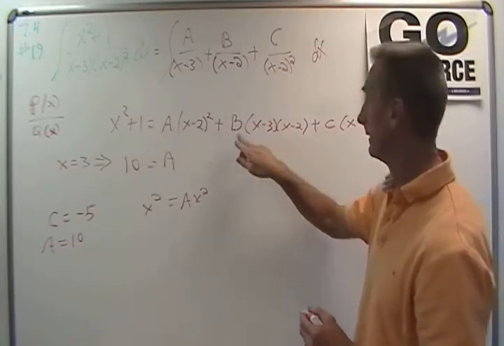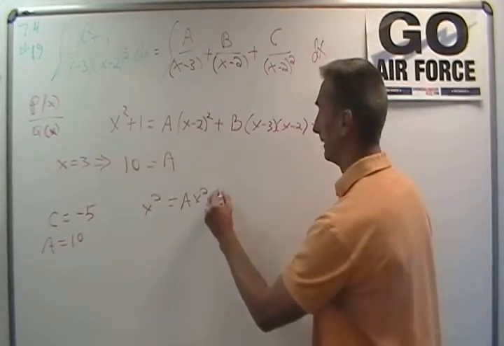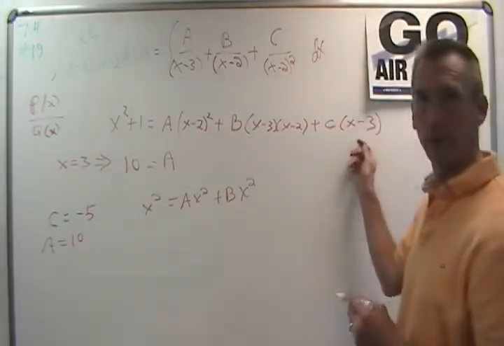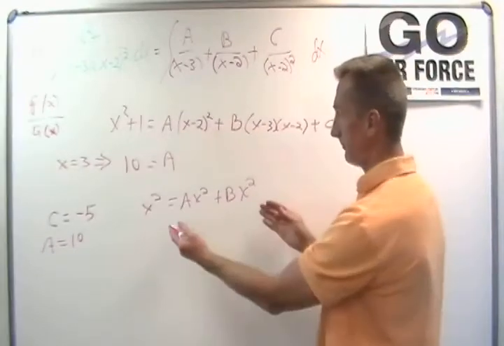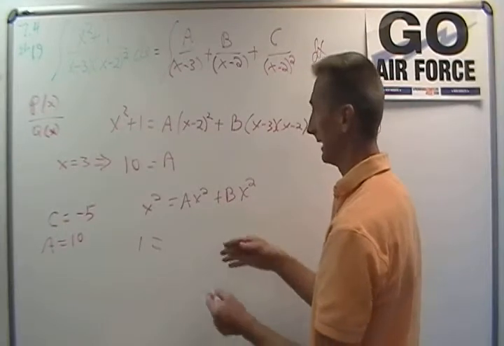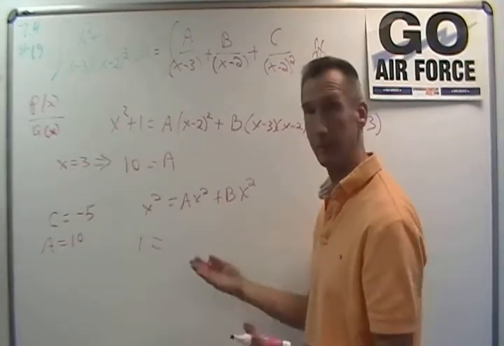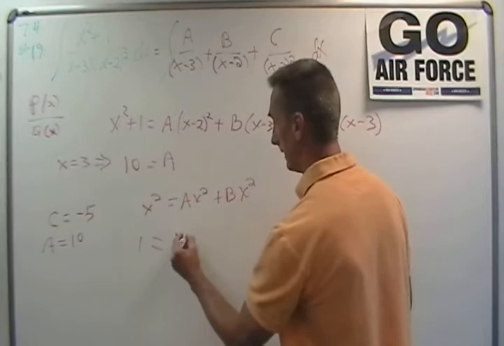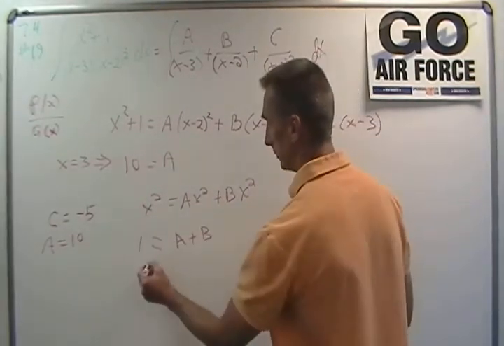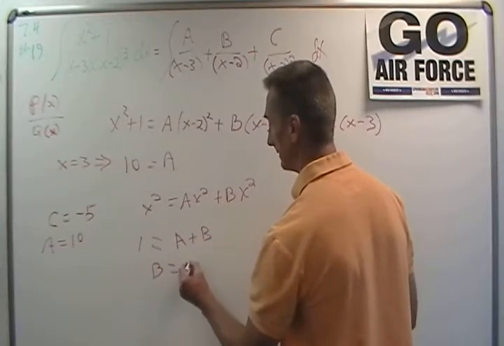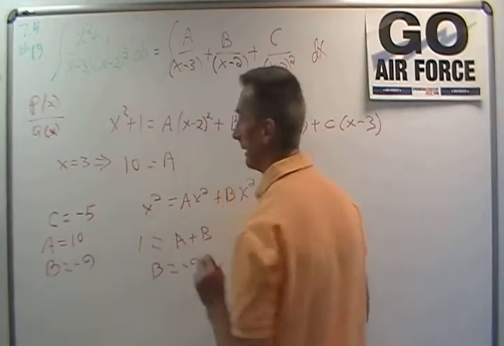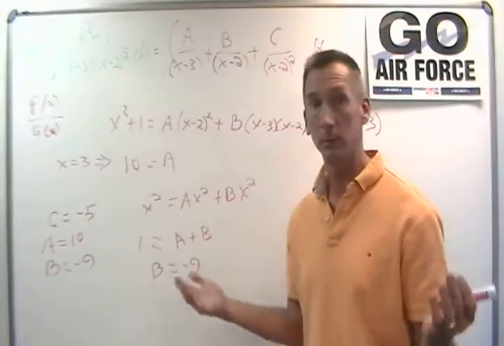If I FOILed that and then distributed the B, I'd have a Bx squared. I have no x squared terms here, so nothing to worry about. So therefore, 1 has got to equal B plus A. The coefficients have to equal each other. They just have to. So, I already know A is 10, so that leaves B equal to minus 9. Now I know A, B, and C.